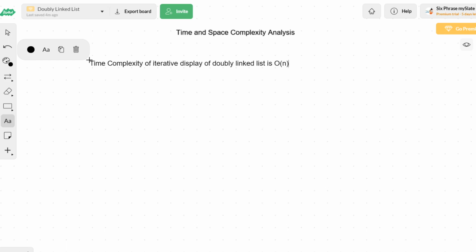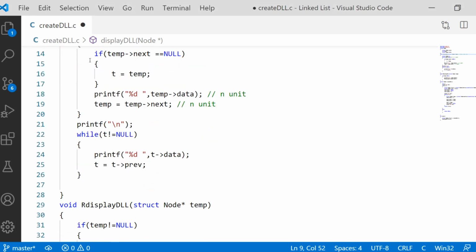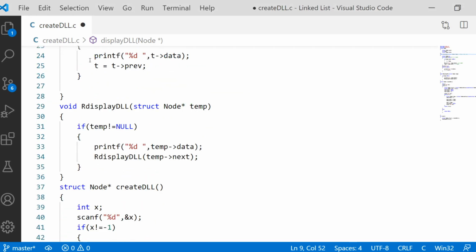Next, let us also explore the time complexity of the recursive approach that we have already implemented. Taking the recursive implementation of displaying a doubly linked list, let us take the signature of the function as T of n, time function, where n denotes the total number of nodes available.